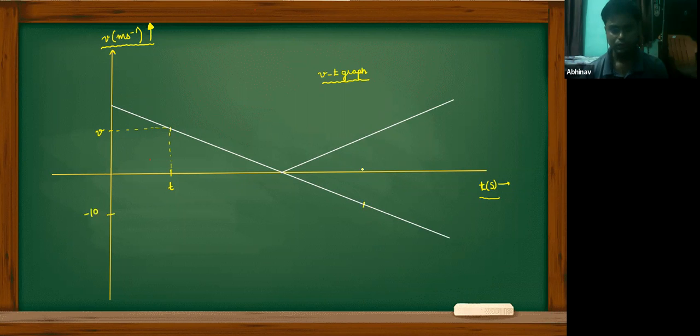So at the same time instant t, we will report speed as 10 meter per second.